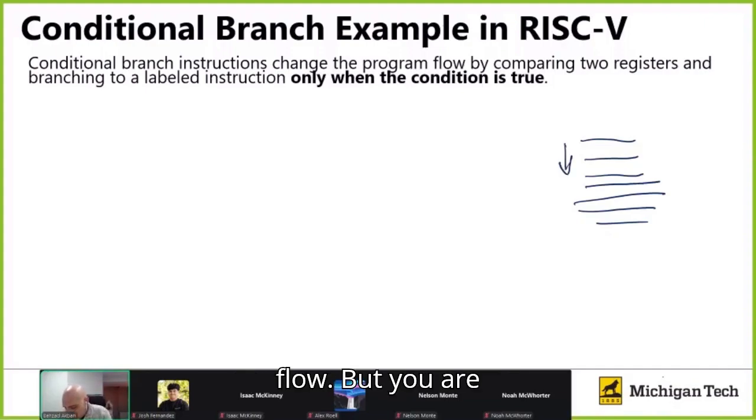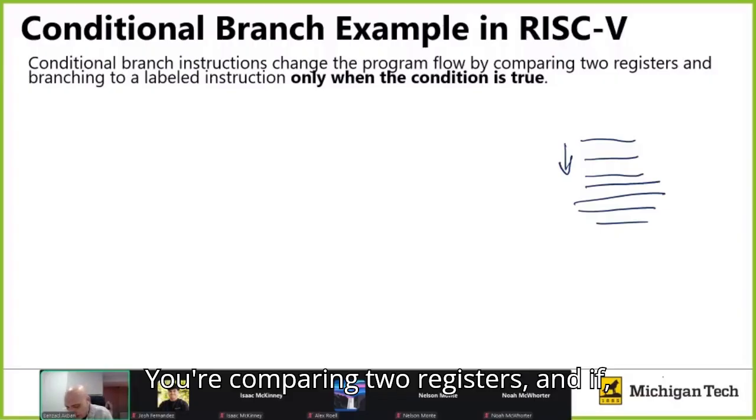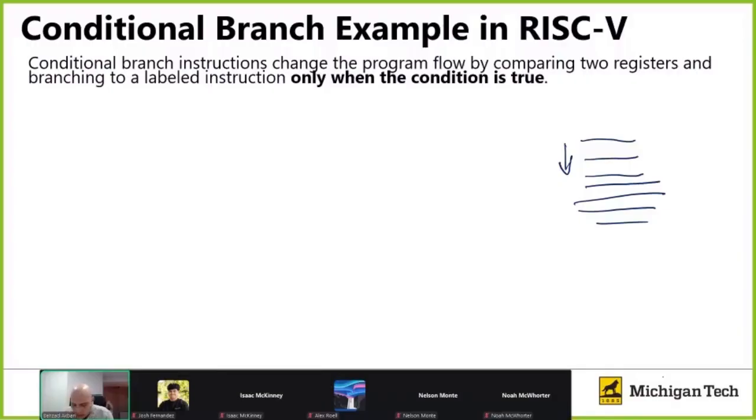But you are changing this program flow by comparing two registers. You're comparing two registers, and if this condition is correct, you're jumping to somewhere else.